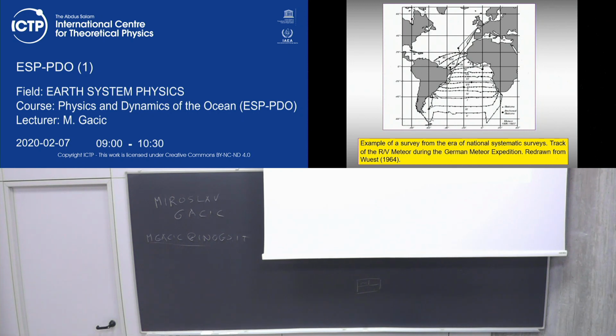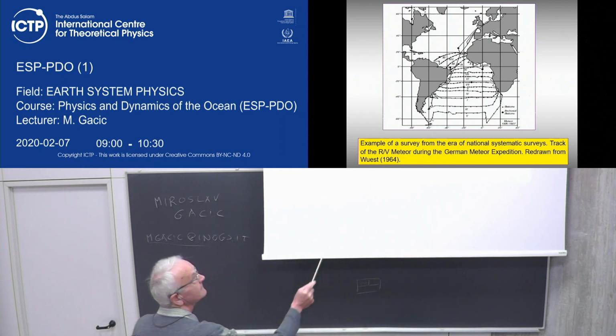But obviously not only the technical possibilities, but also the idea of what to do with these measurements has been evolving. Now, for example, this is the survey by the research vessel Meteor, the German Meteor expedition, which did this coverage here.